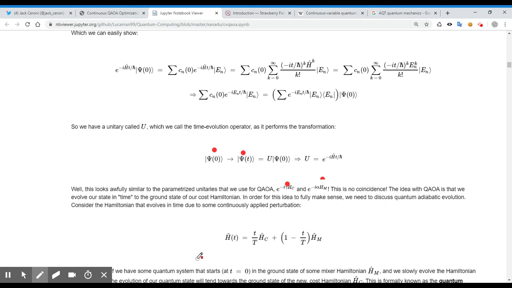In order for this idea to fully make sense, we need to discuss quantum adiabatic evolution. Consider a Hamiltonian that evolves in time due to some continuously applied perturbation.